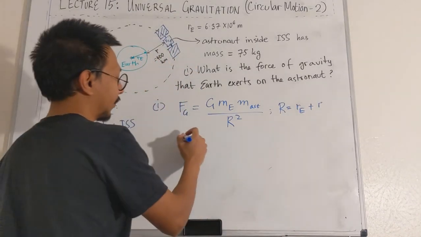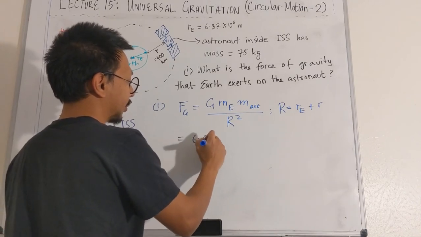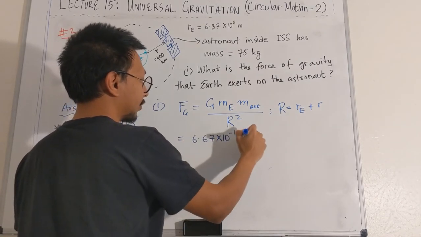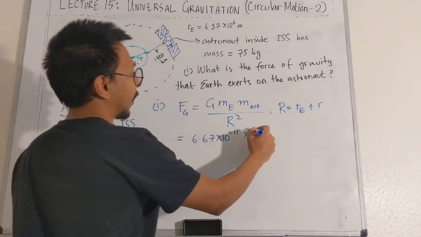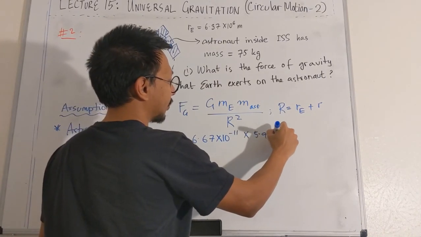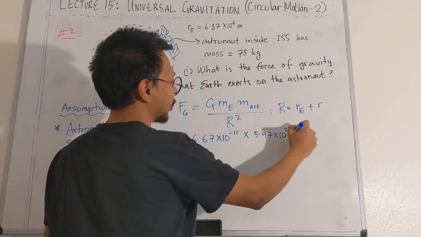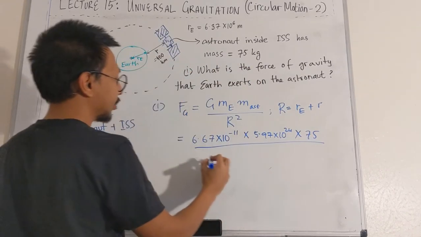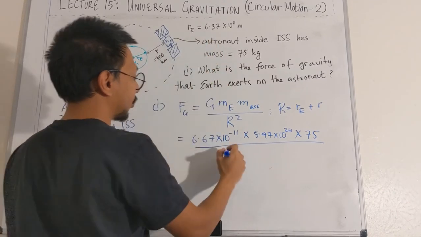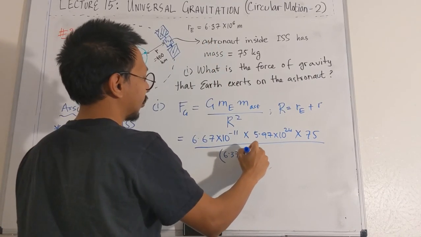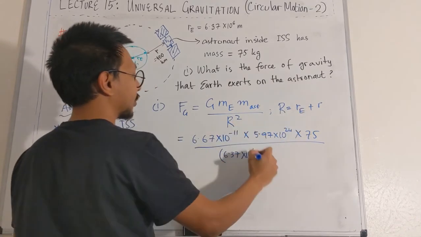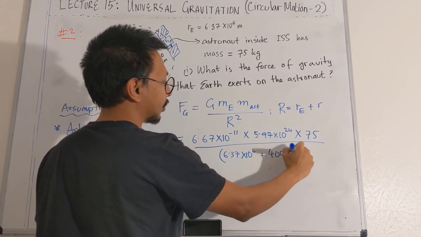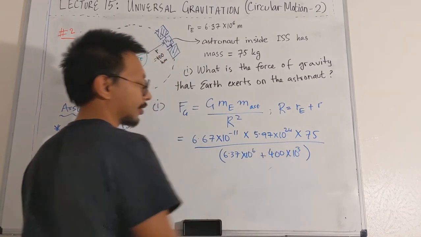So in fact we end up with gravitation constant 6.67 times 10 to the minus 11 times mass of the Earth, 5.97 times 10 to the 24 kilograms. Mass of the astronaut is 75 kilograms over radius of the Earth, which is 6.37 times 10 to the 6, plus orbit radius, which is 400 kilometers, so 400 times 10 to the 3 meters.